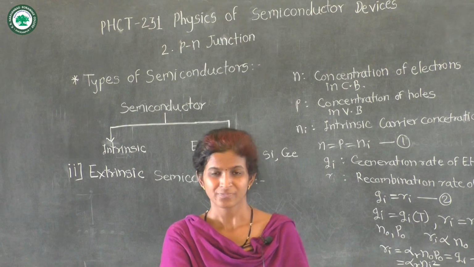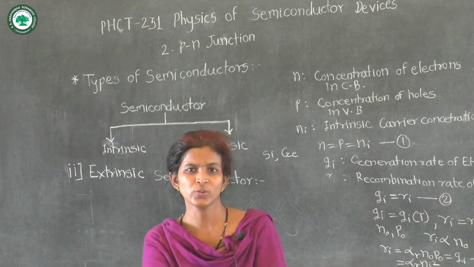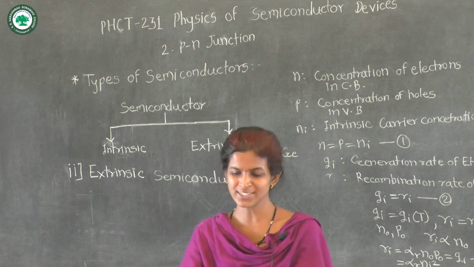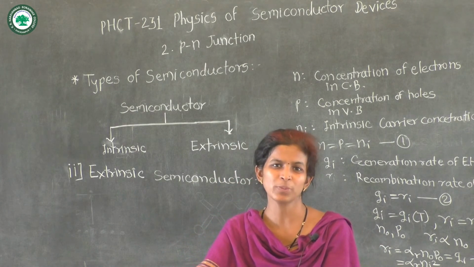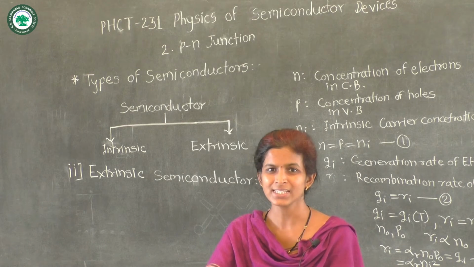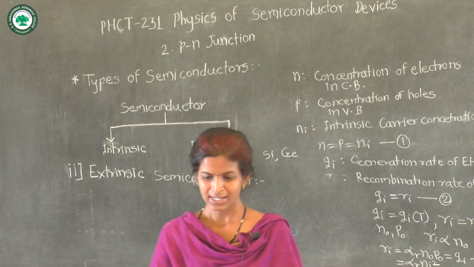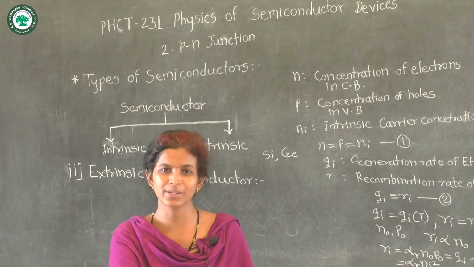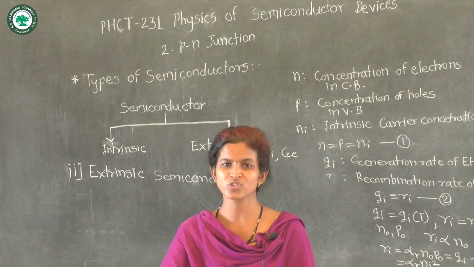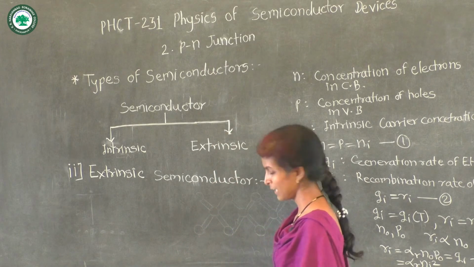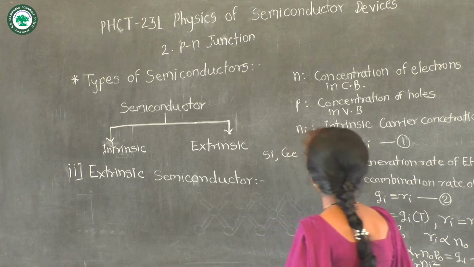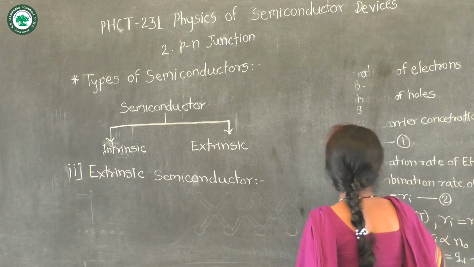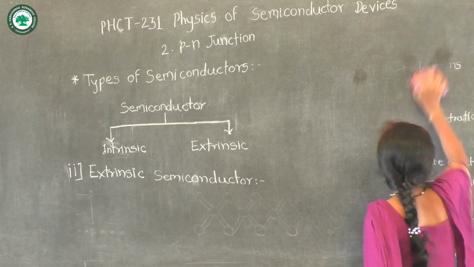If the group 5 impurity is added or doped into the pure semiconductor, then there will be predominance of electrons within the semiconductor, while when the group 3 impurity is introduced to the pure semiconductor, then there will be predominance of holes. So depending upon the impurity introduced, there are two types of extrinsic semiconductor.